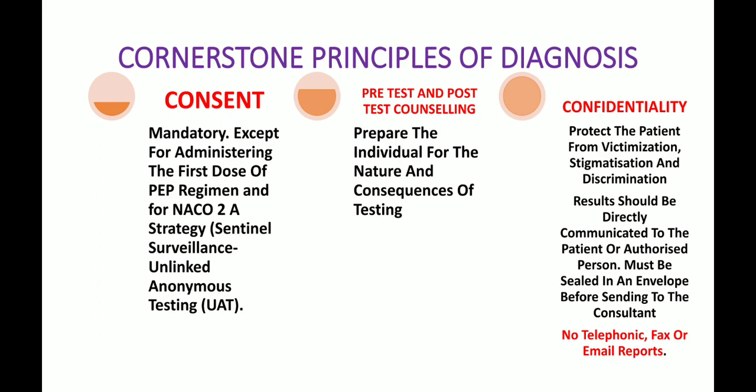This is done purely for epidemiological purposes and tracking, and therefore it is implied that the details of the volunteers or the patients or the community person who is willingly getting tested for this particular epidemiological tracking purpose, the identity of that person will not be revealed under any circumstance.